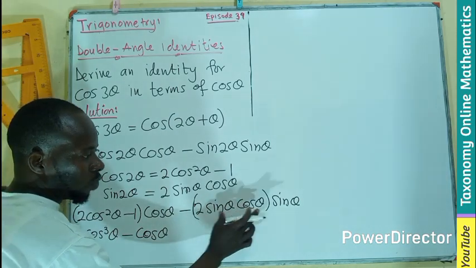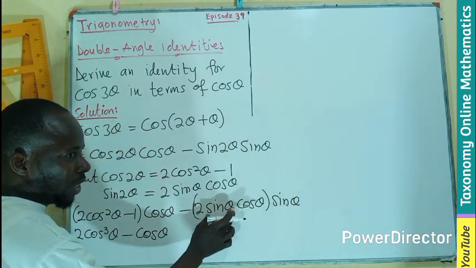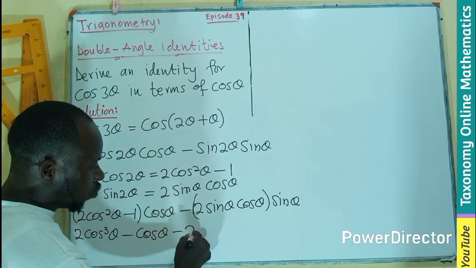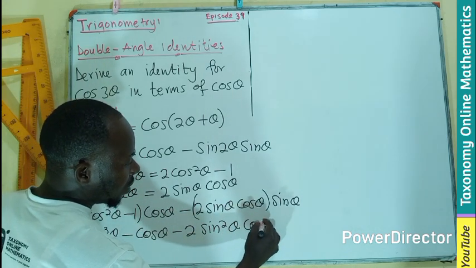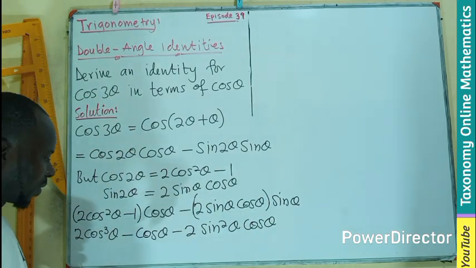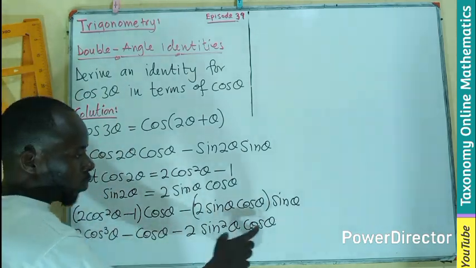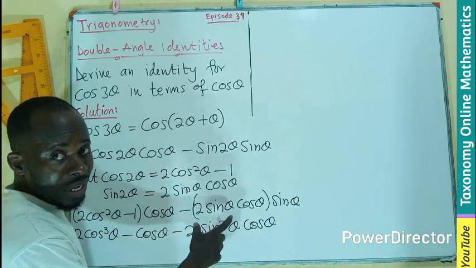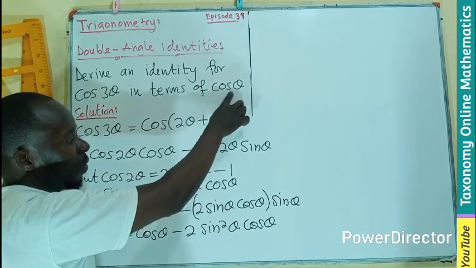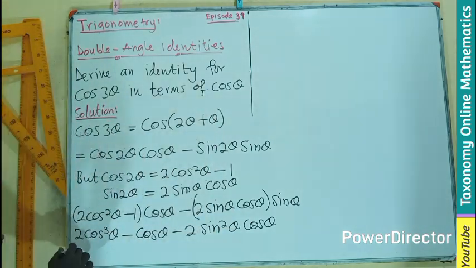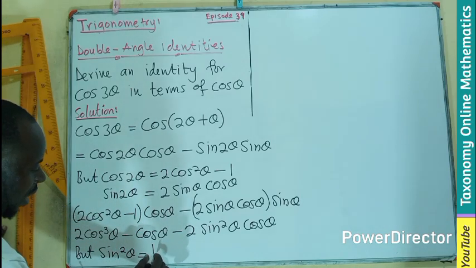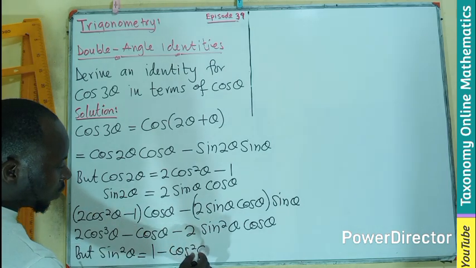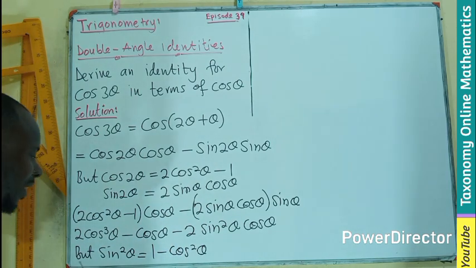Then minus 2 sine square theta cos theta. This is in cos, but this is a sine square. We need to change it to become cos because we are looking for only cos. So what will I do? I can say that my sine square theta is the same as 1 minus cos square theta from the identities.